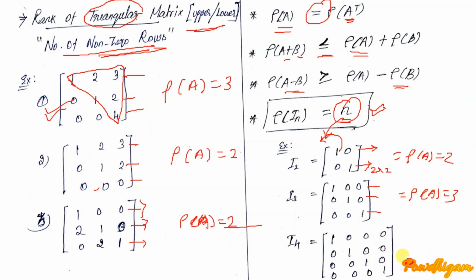Here there are 4 rows, 1 2 3 4, with non-zero diagonal elements, so the rank is 4. This is a 3 cross 3 matrix, this is a 4 cross 4 matrix, so we can easily define it. This is the nth order identity matrix, and its rank is equal to n. If it is 2 cross 2, the rank is 2, if 3 cross 3, the rank is 3, if 4 cross 4, the rank is 4.